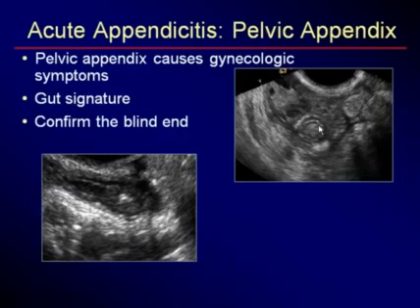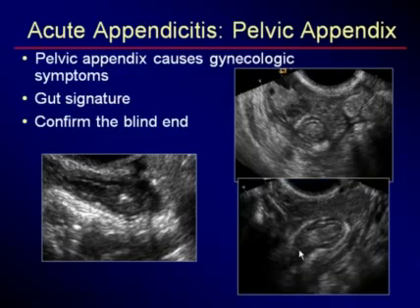Here crosswise we can see multiple rings: hyperechoic, hypo, hyper, hypo, hyper. This is gut signature. Turn longitudinally: blind ending tubular structure, tender, painful, next to the ovary, irritates the ovary, presents as pelvic pain, not as right lower quadrant pain.